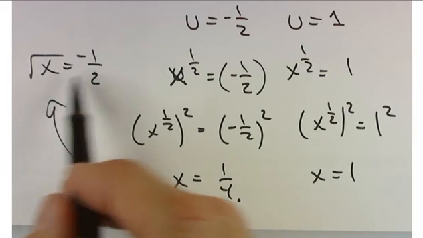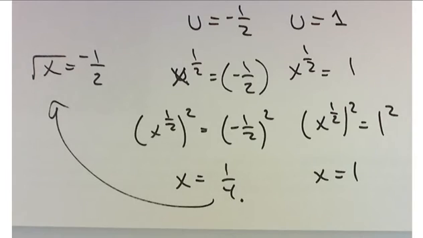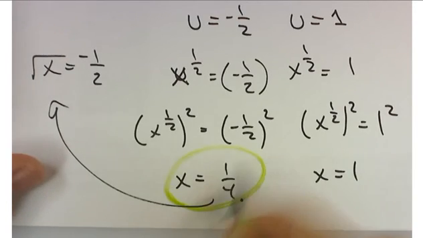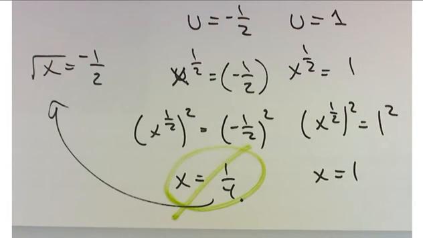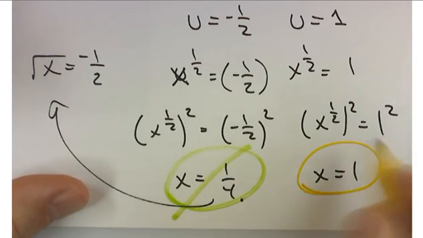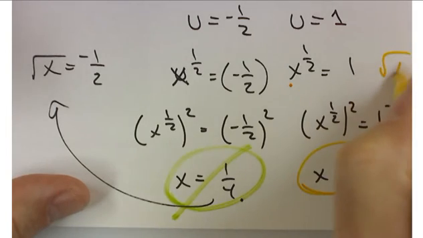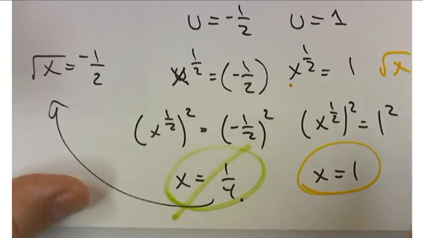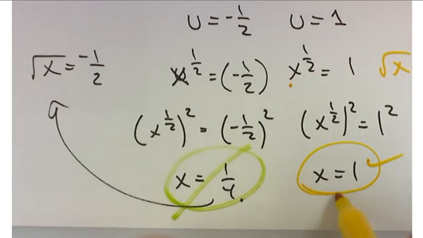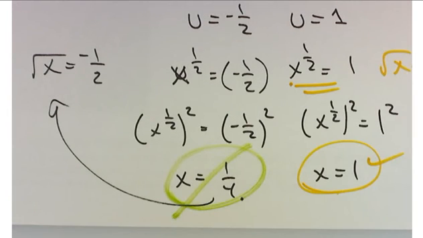Is the square root of 1/4 negative 1/2? No, it's not. So that one doesn't check. Square root of 1 is 1. That checks. So if you plug this one in here, it checks. This one doesn't check. So there's really only one solution to this problem.